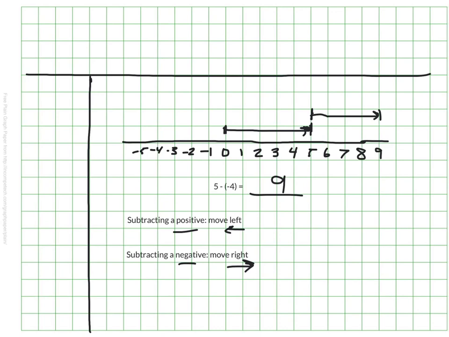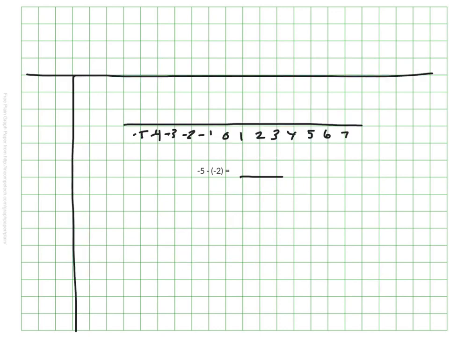Let's try another. Okay, so here we have a negative 5 minus a negative 2. As always, I'm starting here at 0, and my first integer is a negative 5, so I'm actually going to go to the left to get to my negative 5. I had to go left to start to show that I was going to negative 5.